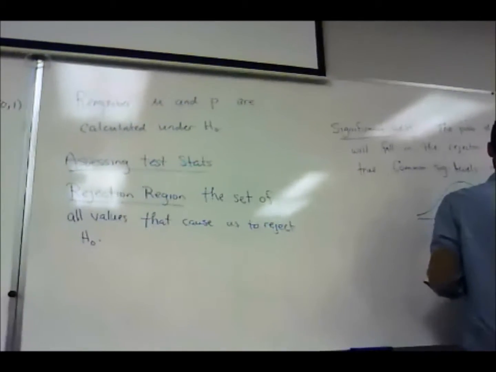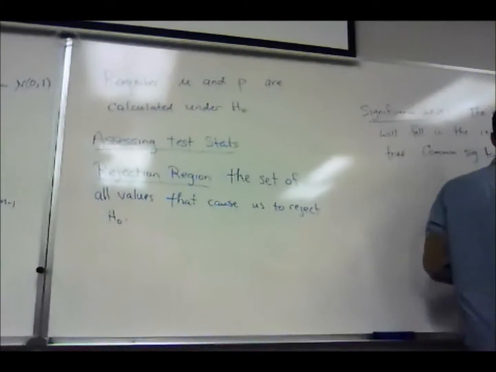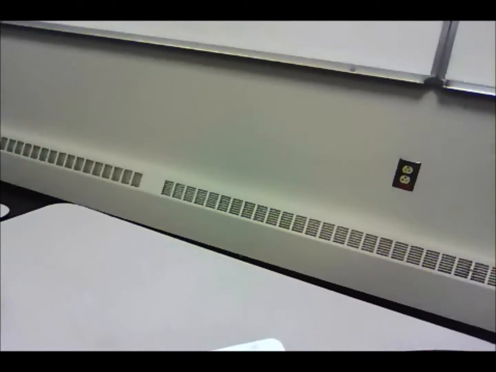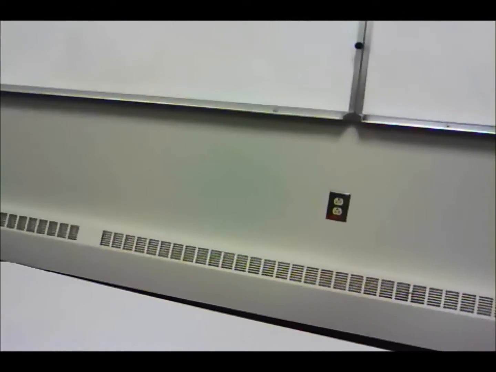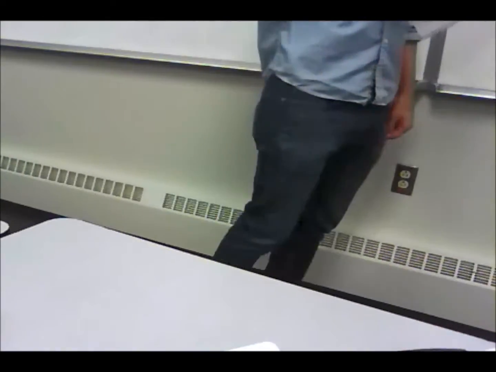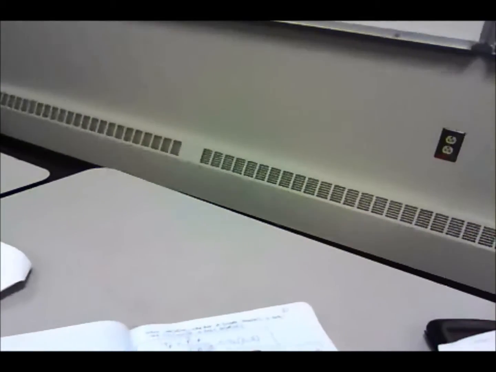So if alpha is equal to 0.05, then the probability that the test statistic will fall in the rejection region is just the area under the curve to the left of this score and to the right of this score. So the significance level is the alpha, right? It's the probability that it will fall this way.